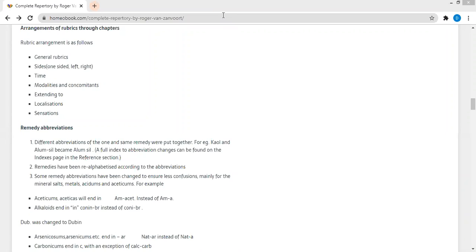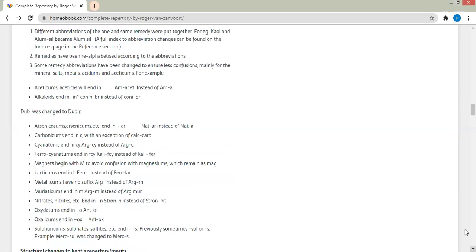In a more detailed way, the rubrics are arranged as follows: general rubric, side, one side first, then left side and then right side, then time, modalities, concomitants, extending to locations and sensations. In this way the rubrics and subrubrics are arranged in this sequence.